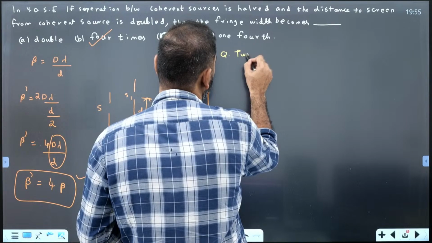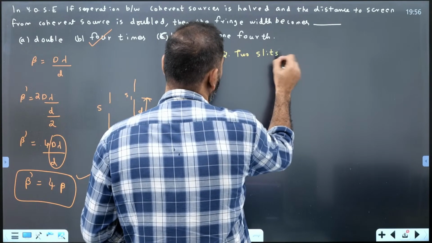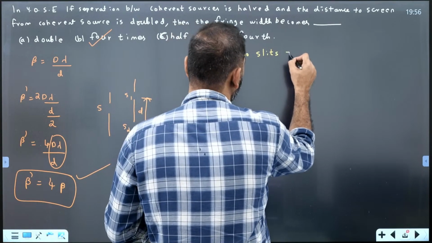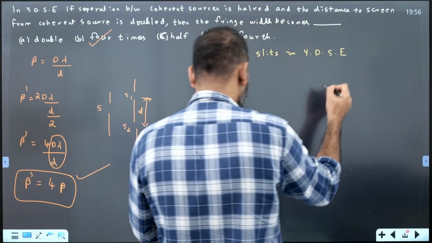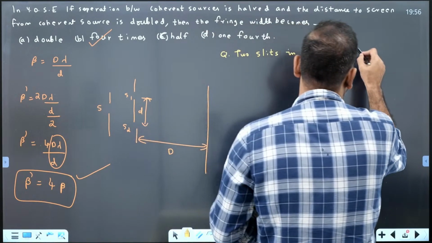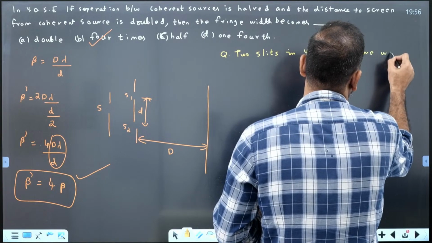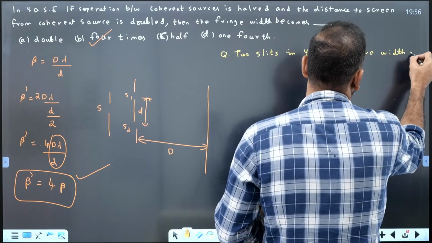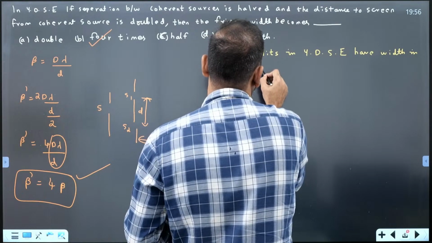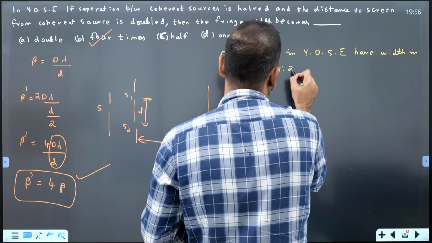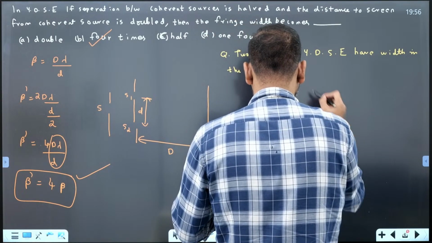Two slits in YDSE have width in the ratio 1:25.